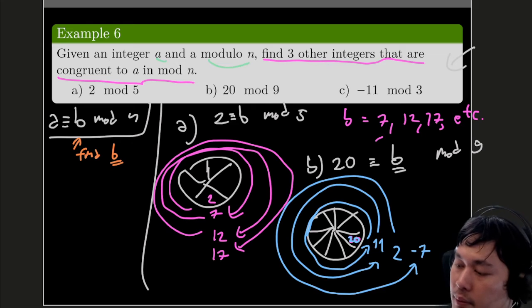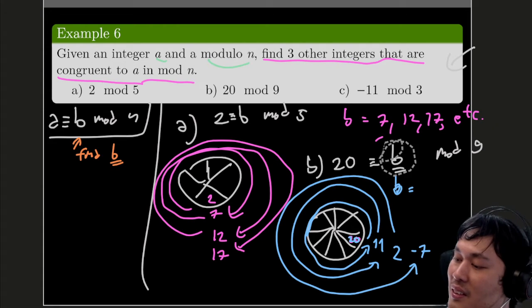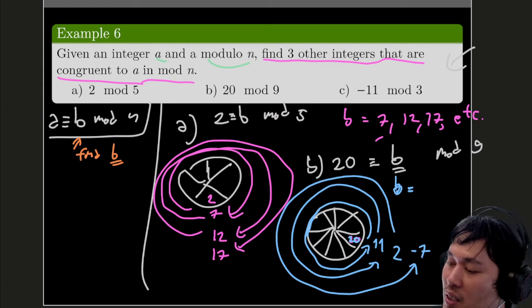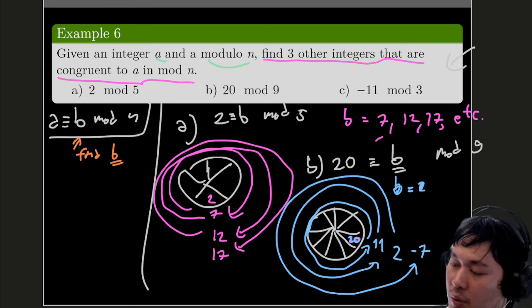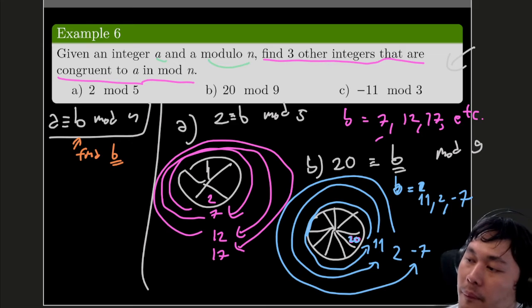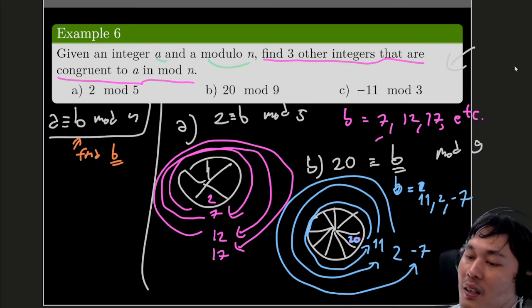And that means for b, the examples are 11, 2, and minus 7. Of course, you are free to use anything you want, but these are simple ones.